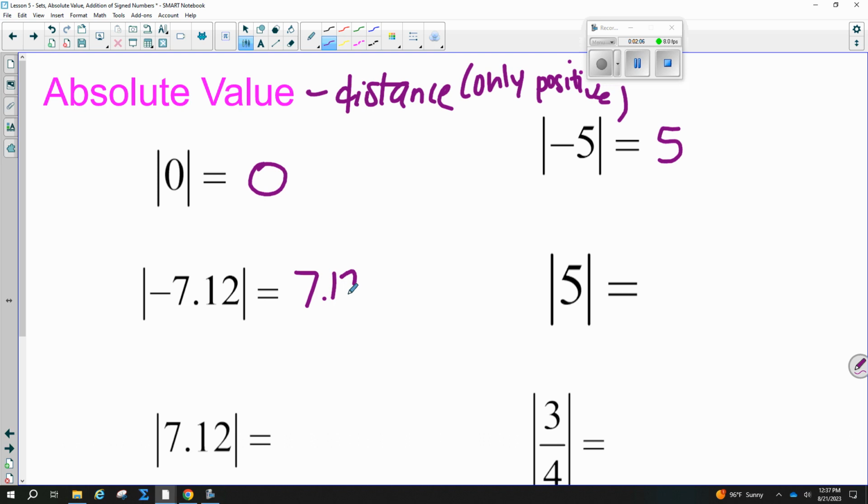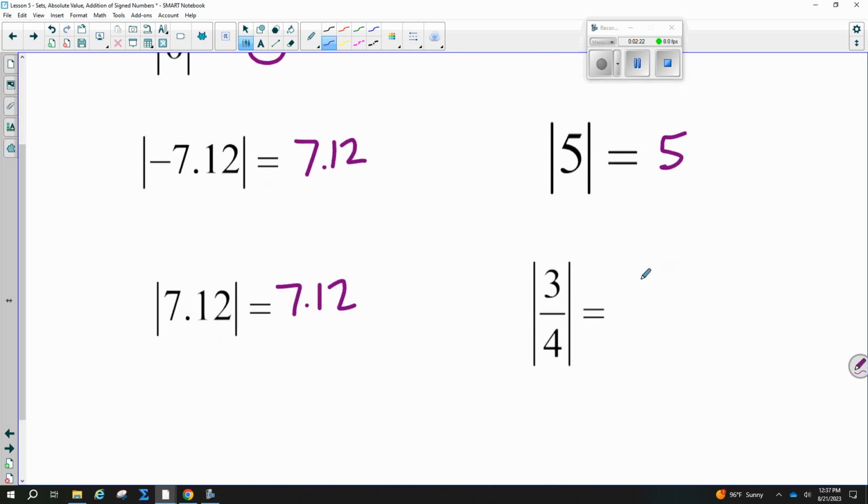What's the absolute value of +5? Yeah, it's also 5 units away from 0. All right, so when you think distance, always positive, it just stays positive. If it's negative, it goes positive. So this one would just be 7.12. And this last one would be 3/4. All right. So take the bars off, make it positive. That's absolute value.